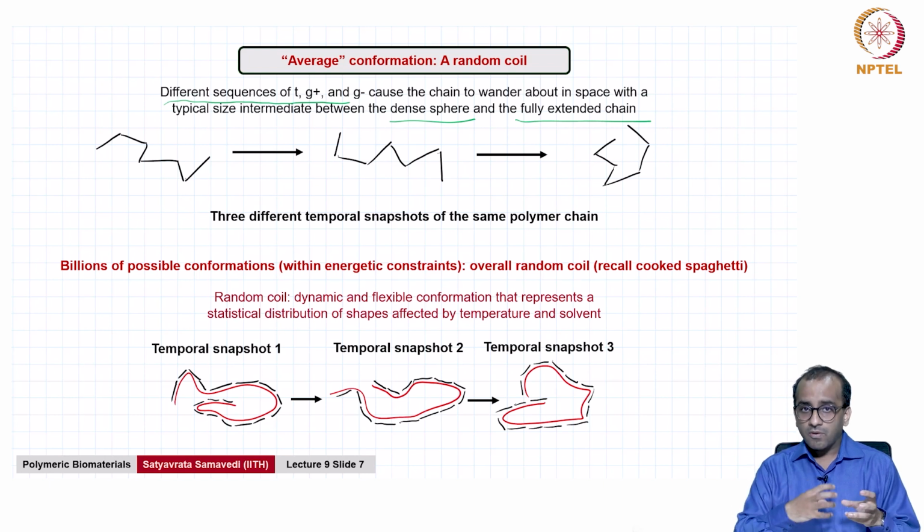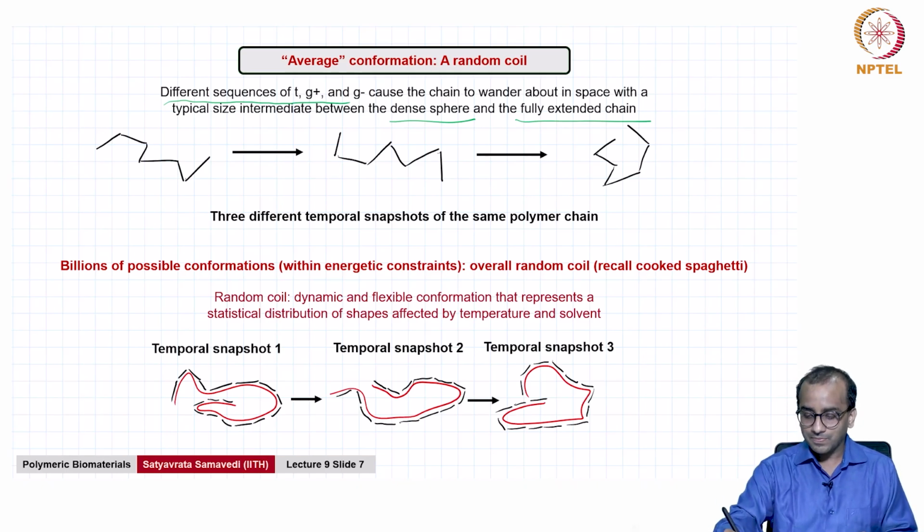Because of multiple conformations that can be introduced in each of these bonds, going from the all-trans to some flexibility is achieved through the introduction of several gauche in between, and that is also a function of temperature.